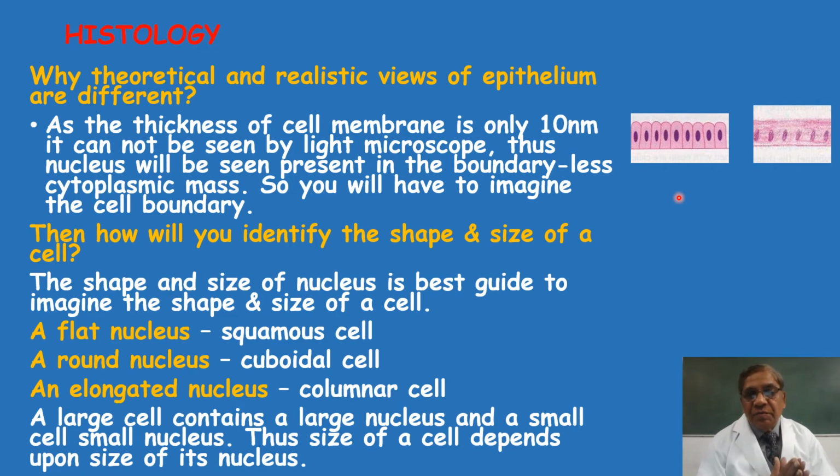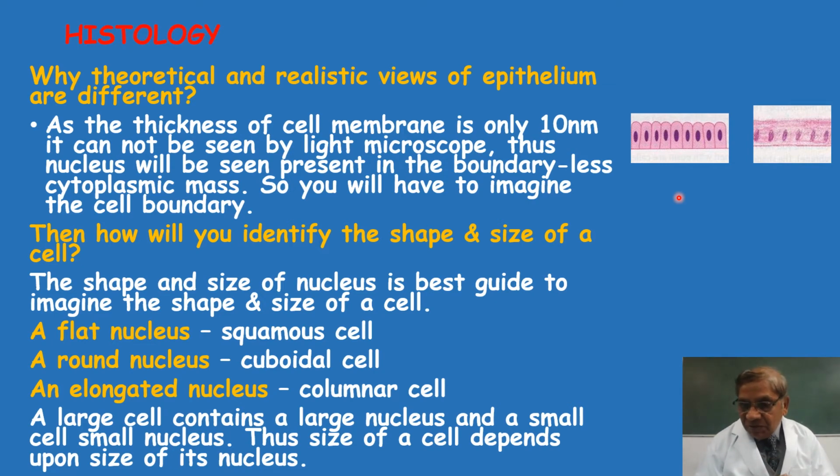The light microscope cannot see the thickness of the cell membrane because in nanometers it can only be seen with the electron microscope. So your light microscope is not able to see the cell membrane, hence you are not able to see the cell boundary. The same thing is true for the nucleus. The nuclear membrane is not seen, but the nucleus is seen. Thus the nucleus will be seen as present in the boundaryless cytoplasmic mass.